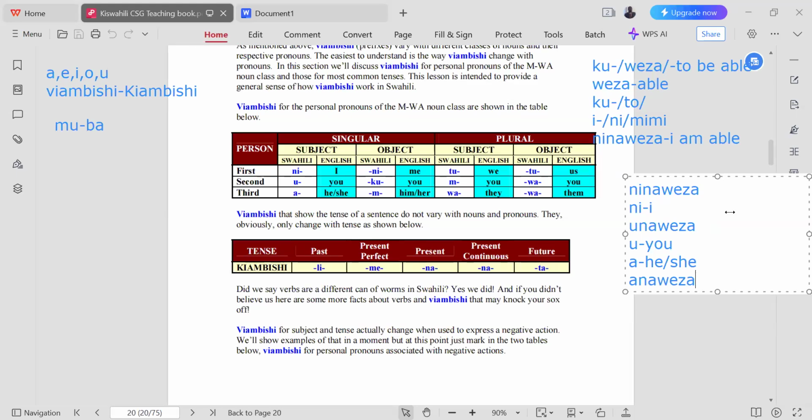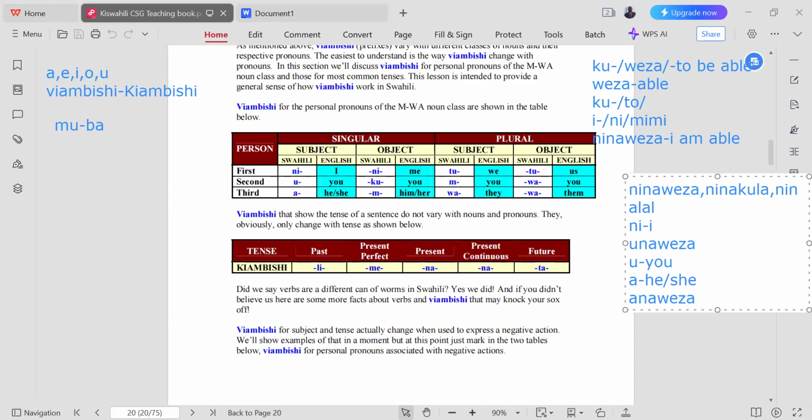Ninaweza. You can say ninaweza, you can say ninakula, you can say ninalala. Ninakula means I am eating. The word for eating is kula. Ninalala means I'm sleeping.